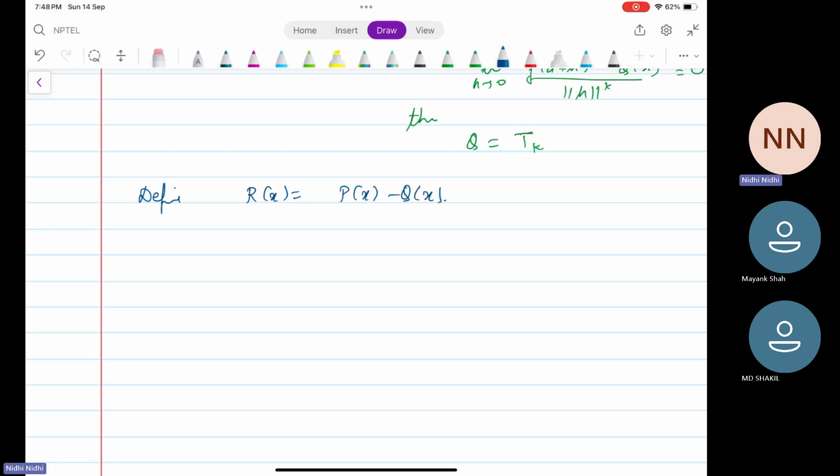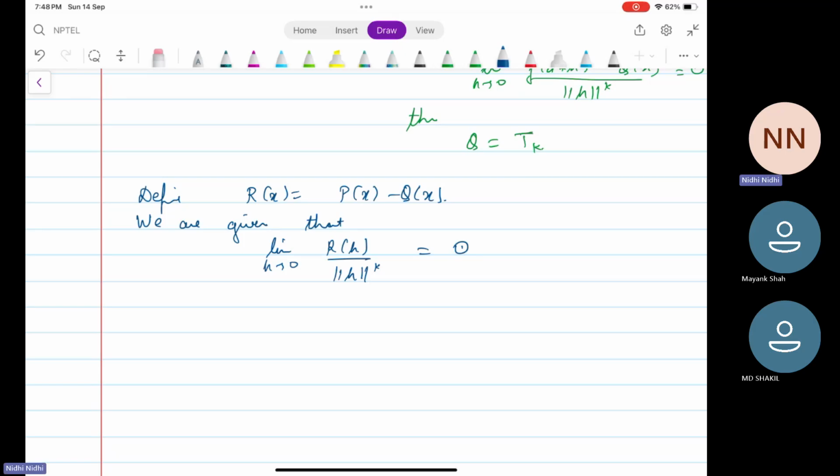We'll show that this r is nothing but 0. We are already given that the limit as h tends to 0 of r(h) upon norm h to the power k is equal to 0.